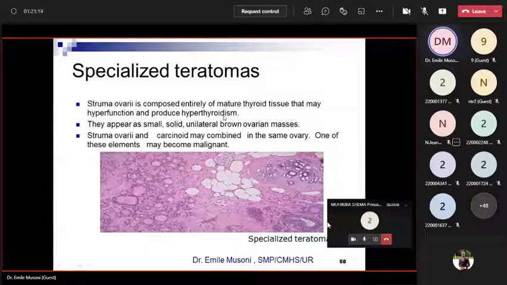So don't be surprised when they say thyroid tissue in the ovary. For example, this one is those follicles of the thyroid, if you still remember the histology. Here there is some fat. Even fat points to teratoma, because normally there is no fat in the ovary. In this one, there is cartilage.